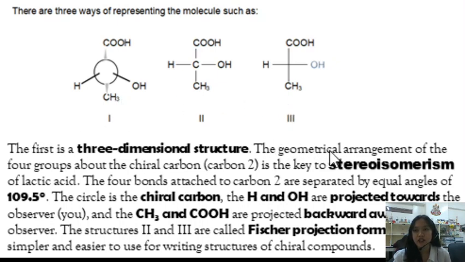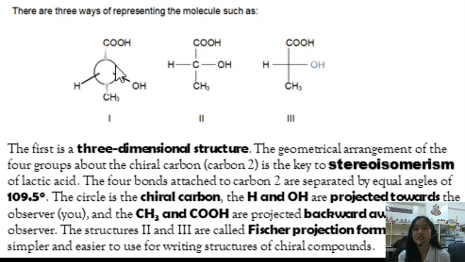Okay, so the geometrical arrangement of the four groups about the chiral carbon, so yung carbon number 2 natin, is the key to stereoisomerism of the lactic acid. So you have four bonds attached to the carbon 2 separated by equal angles of 109.5 degrees. So itong apat na bonds, separated sila by 109.5 degrees.